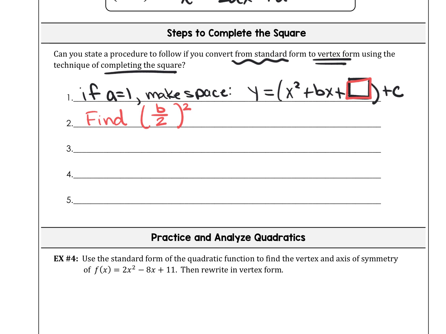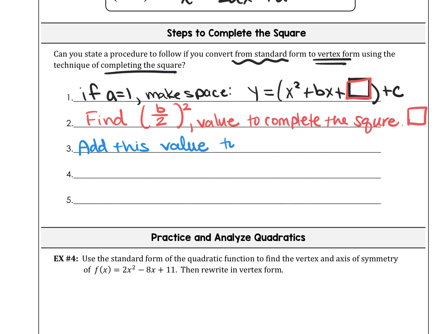This is the exact number that you need to complete the square, or to make it a perfect squared factor. So this is what's going to go in that box. You're going to add this value to create the perfect square trinomial.